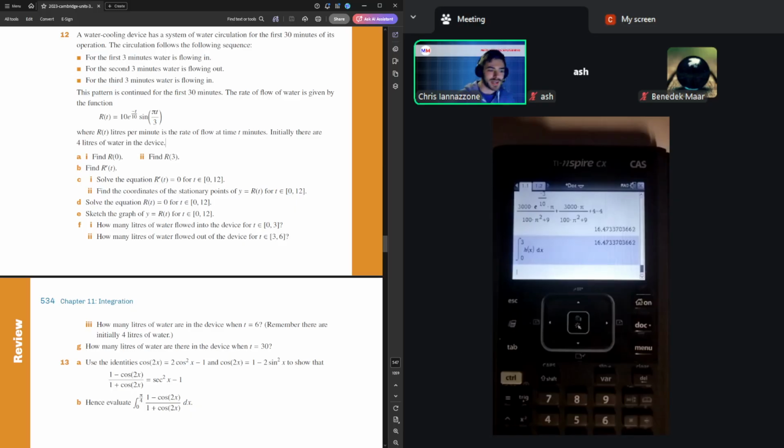That should then help you with part ii. How many liters of water flowed out of the device for t equals 3 to 6? What are we going to do there? Maybe before we answer that specifically, I'll touch on the fact that, technically speaking, solving for that plus C didn't matter, at least in the context of the fact that because it's a fixed value and you're finding a difference between two numbers, it's still just shifting where that difference is, not how big the difference is.